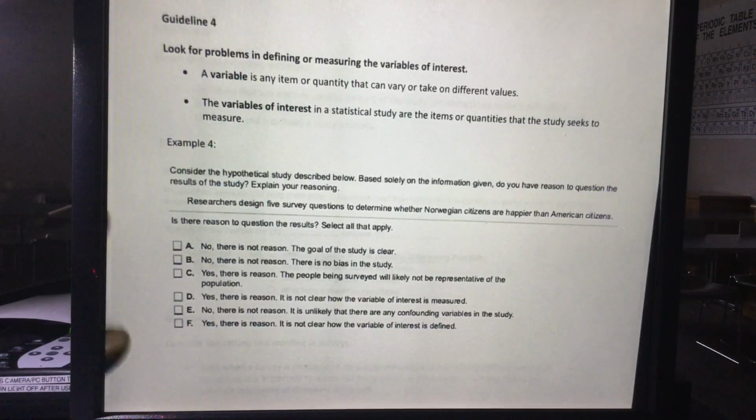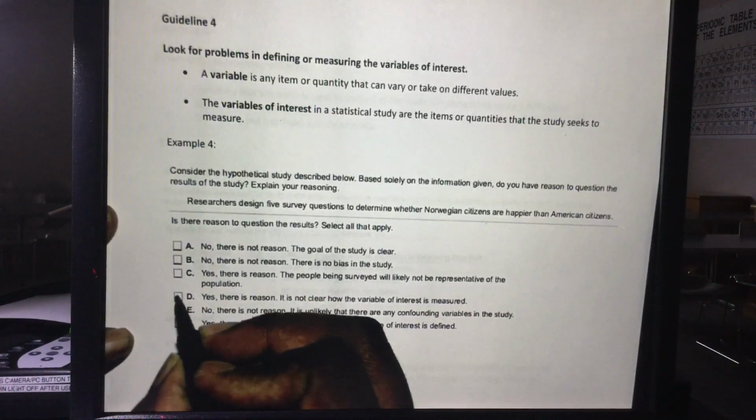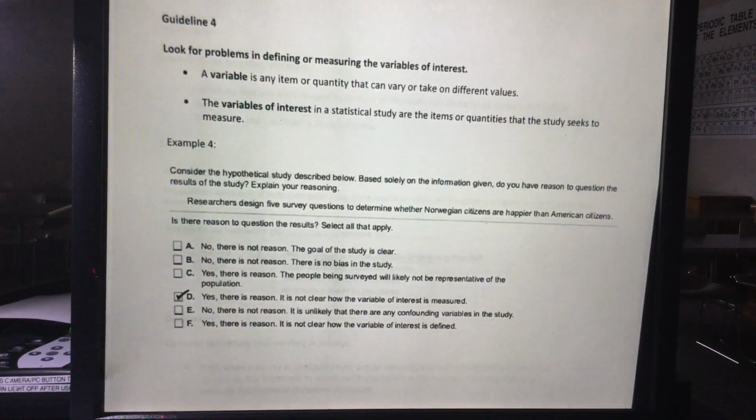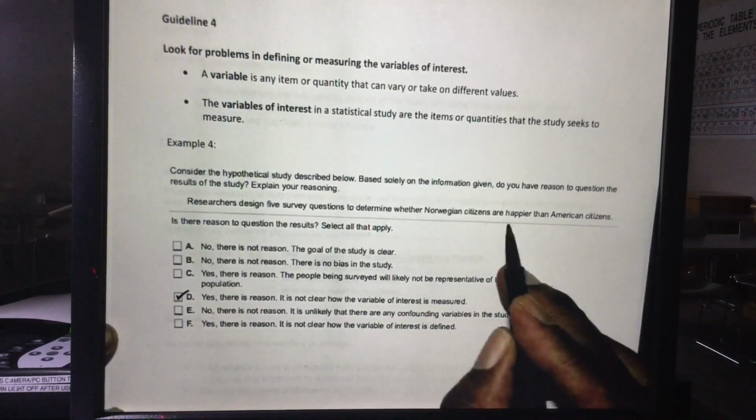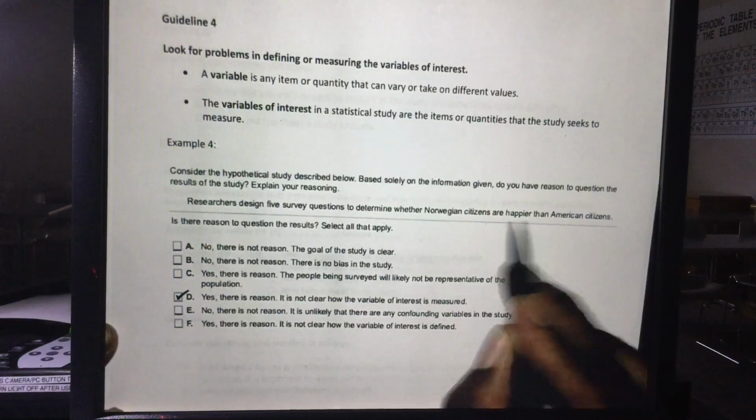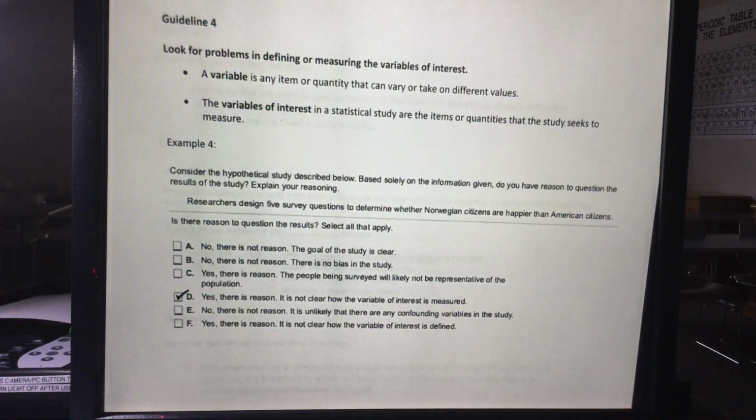Well, here's a couple of reasons we could question this. One, it's not clear how that variable of interest is going to be measured, like the word happier. I don't think we can measure someone's happiness. That's hard to measure. So that would be a question.